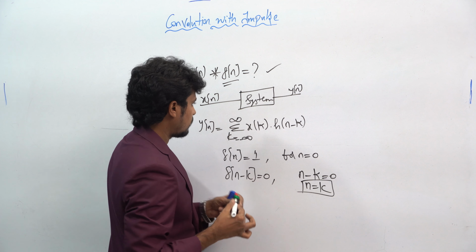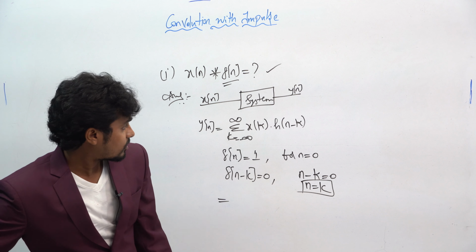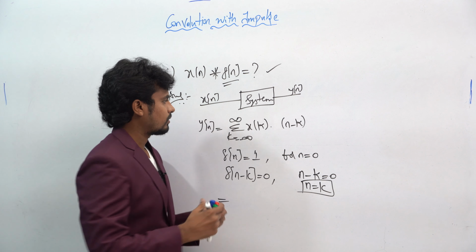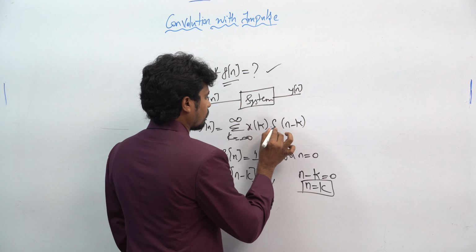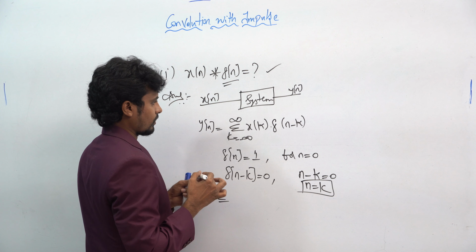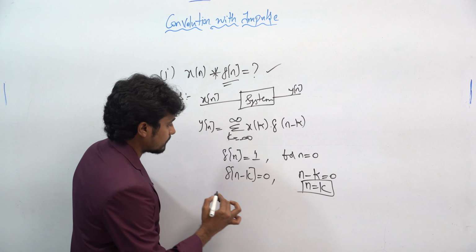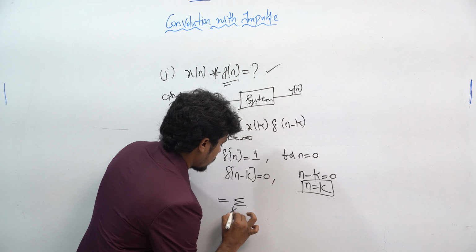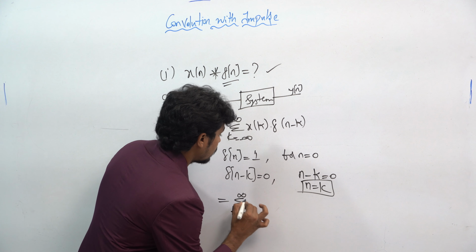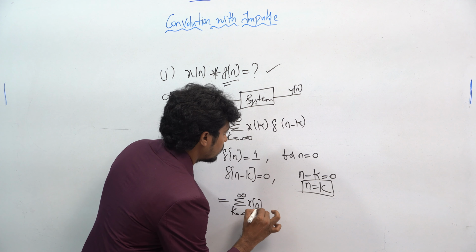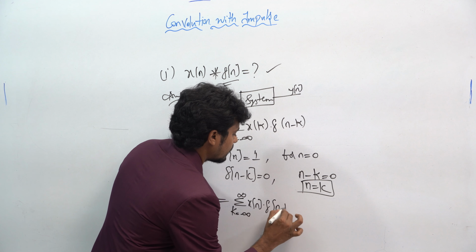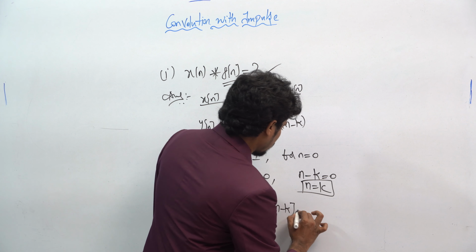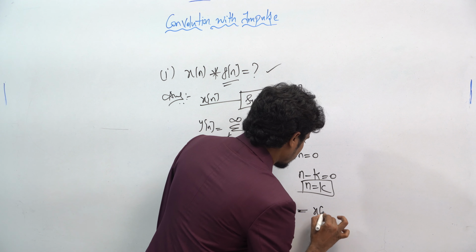So this becomes x of k into del of n minus k, which is the summation of k equal to minus infinity to infinity of x of n into del of n minus k. Here you can put x of n outside.